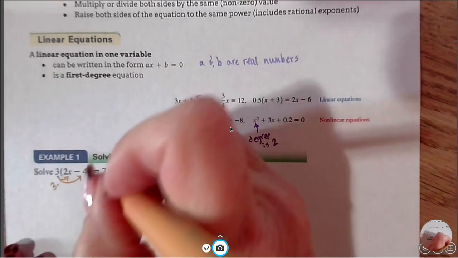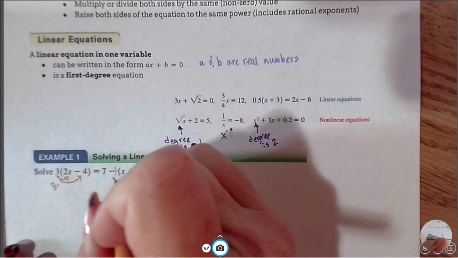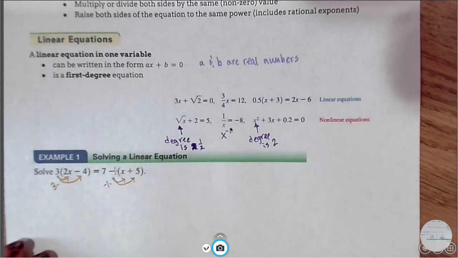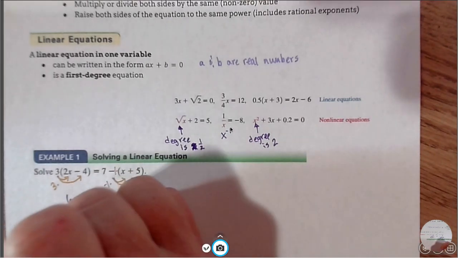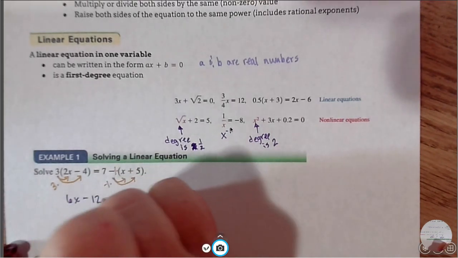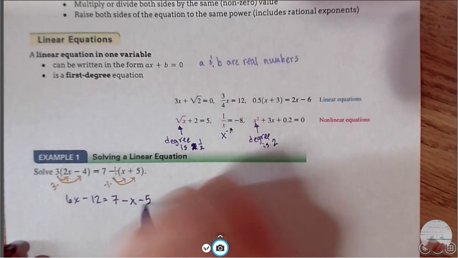Well, this is like an invisible negative 1 times, so I'm basically going to be distributing negative 1 to both of those terms. So on my next step, I would have 6x minus 12 equals 7 minus x minus 5.